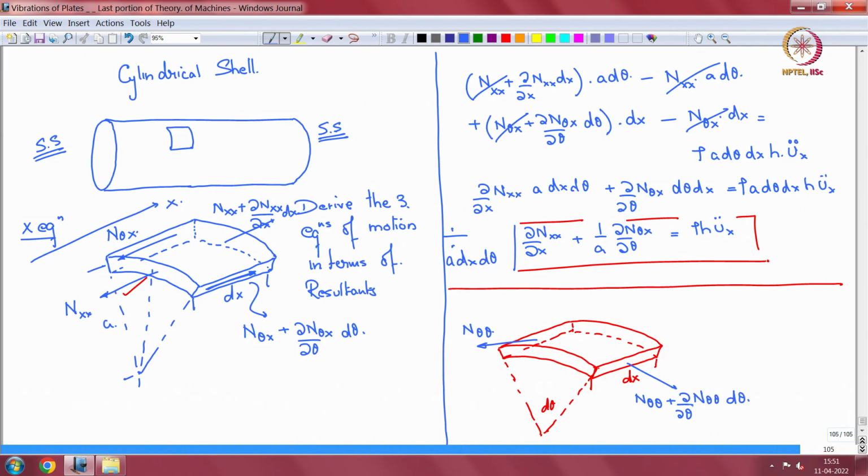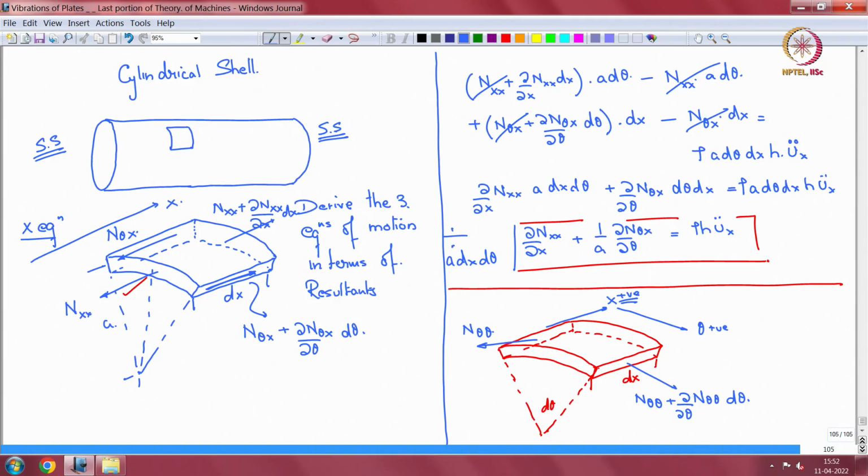Then what else contributes? For this I have taken this as the theta positive direction, and this as the x positive direction.